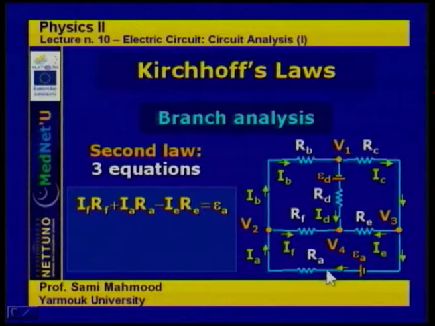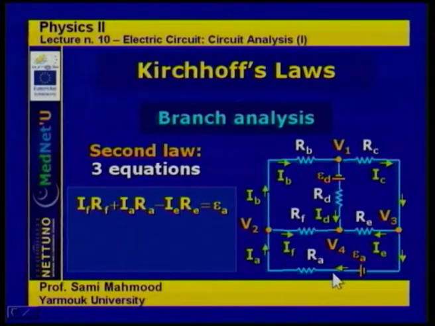plus IA times RA minus IE times RE. We go through this loop here, and as we go through the loop, the summation of the voltage drops across the resistors is equal to the total of the electromotive forces along this loop, as Kirchhoff's second law states. So the electromotive force across the loop as we go is epsilon A, with a plus sign because it is going with our direction.